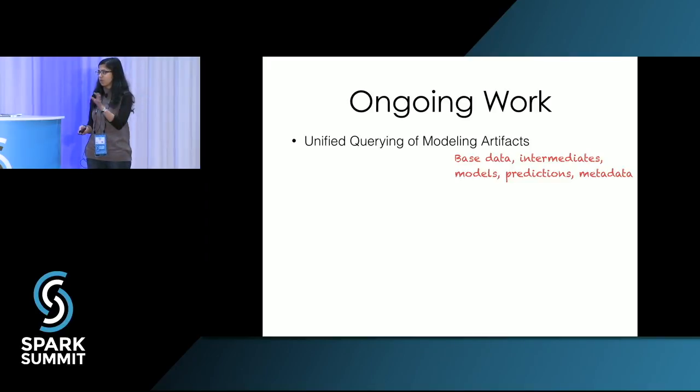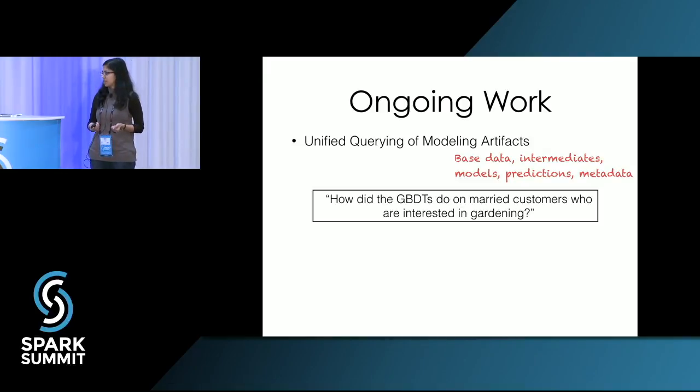When you apply pre-processing, you have a new data frame. There are the models themselves. You also have predictions that are being generated each time and currently are not easy to query. And then the metadata, like I mentioned. So it turns out that when you want to do debugging or you want to explain what's going on in a model to a third party, you want to run queries such as this.